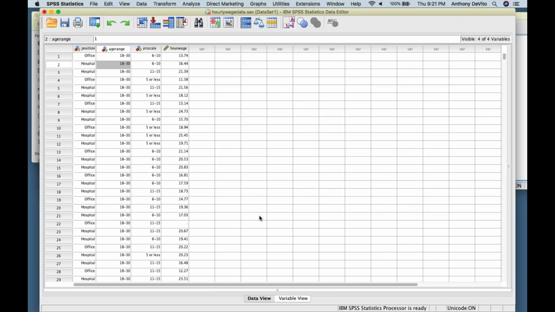So this nurse works in an office and they're in this age range. This one works in an office and they're in this age range. I should have realized that as soon as I looked at the data. So this is all the same nurse. That's why we got such a silly result there.